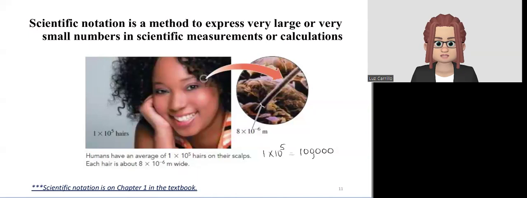So this is actually showing that on their scalp, on average, humans have specifically 100,000 hairs on their scalp. Now, scientific notation is this method that we utilize to express the regular notation, which is here.